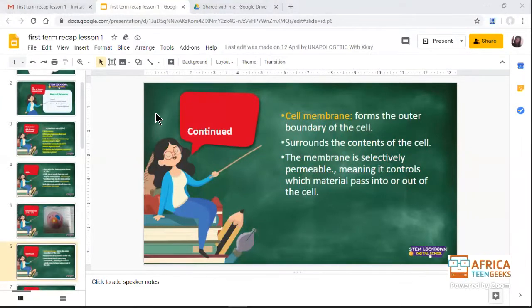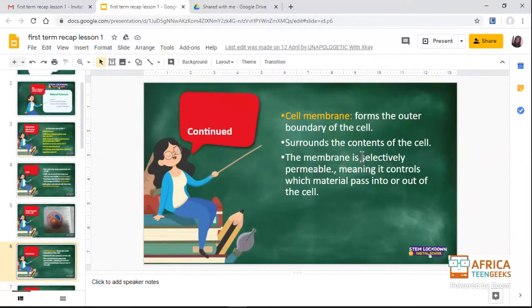Thanks, Tiggs. So remember, the structural feature about the cell membrane is that it is selectively permeable. And by that, we mean that it controls which material or substance pass into or out of the cell.